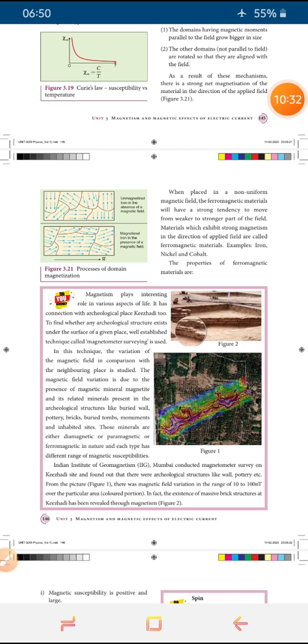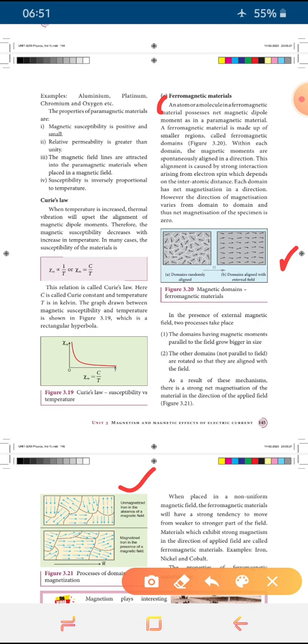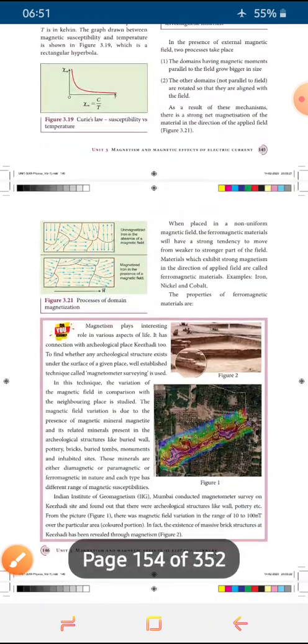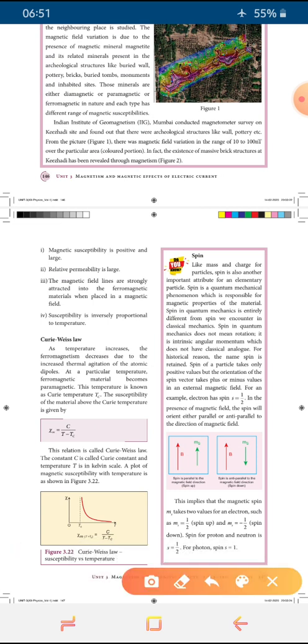Now the mark questions for ferromagnetic material. Start from the beginning of the topic, ferromagnetic material as an atom, and extend with these two diagrams up to the next page, page number 155, up to properties.